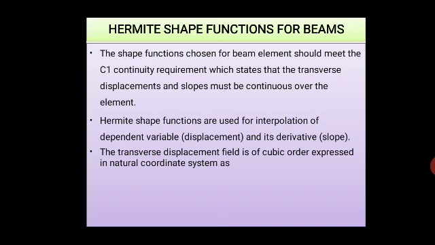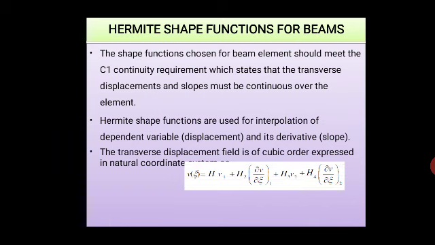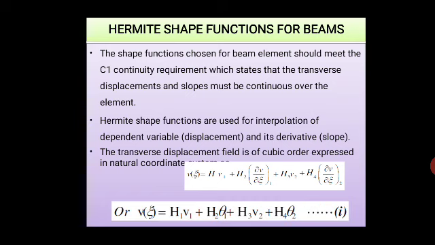The transverse displacement field is of cubic order expressed in natural coordinates, and we can write it as v(zeta) = h1 v1 + h2 (dv/d zeta) of first node + h3 v2 + h4 (dv/d zeta) of second node. Or we can even write it as h1 v1 + h2 theta1 + h3 v2 + h4 theta2.